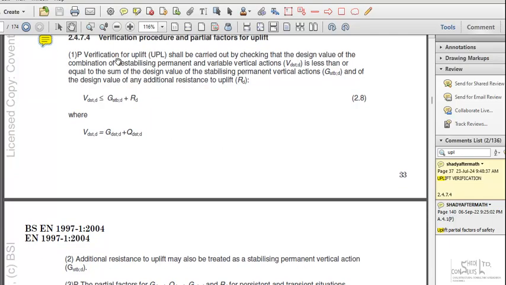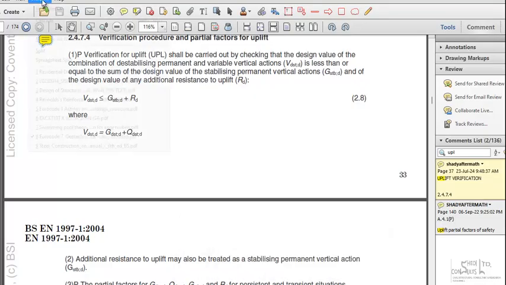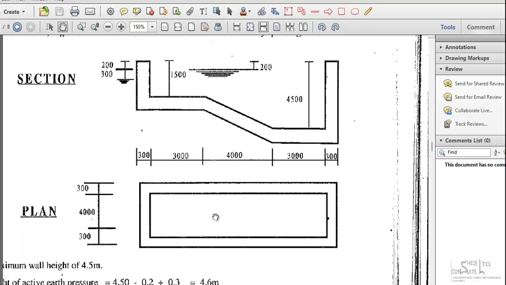The verification of uplift shall be carried out by checking the design value of the combination of the stabilizing permanent and variable vertical actions. The permanent and variable vertical action in this instance refers to the uplift associated with the groundwater, the soil water. The soil water is said to be 300 millimeters below the finished ground level, and then you need to calculate the uplift.